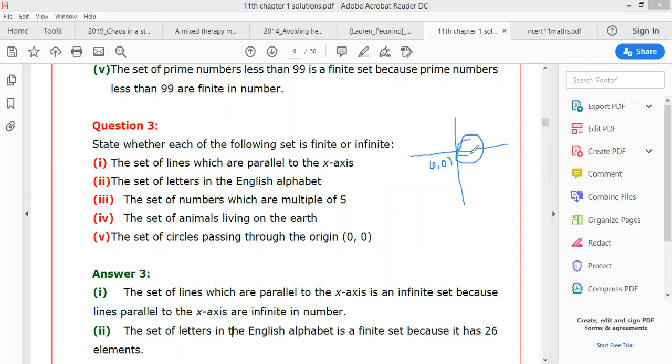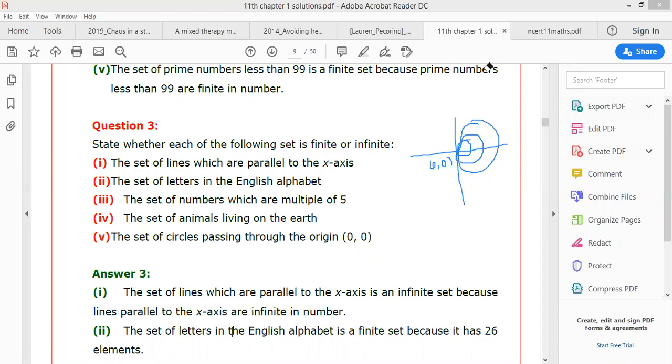This is the next such circle, and this is the next such circle. In this way you can draw any number of circles which pass through the origin. So it's an infinite set.